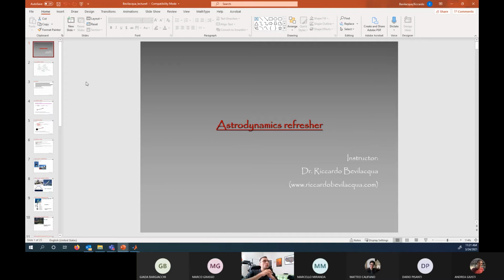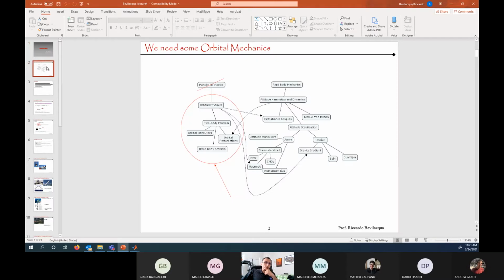So you definitely want to know where you are in space in terms of the center of mass to issue attitude commands, because not all locations require the same orientation usually, okay? So a refresher on astrodynamics is something that I want to do, even though probably for most of you there's nothing really surprising or new.